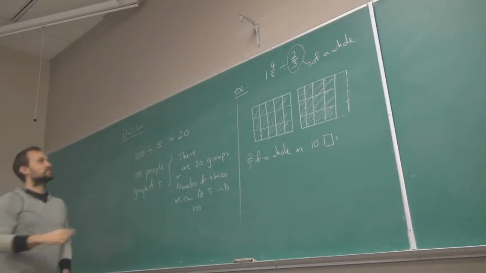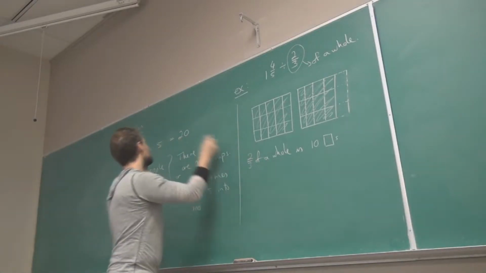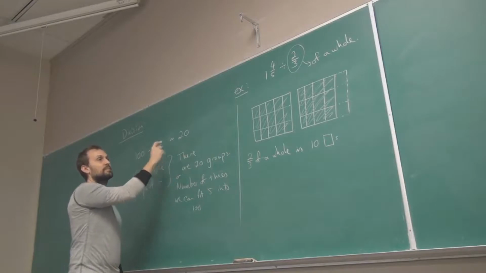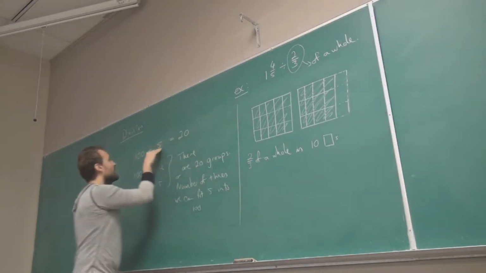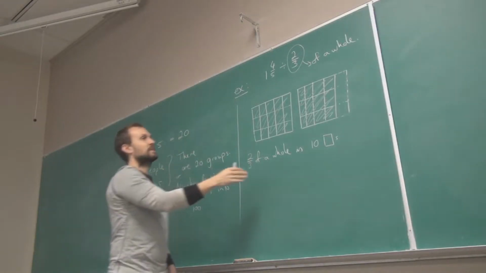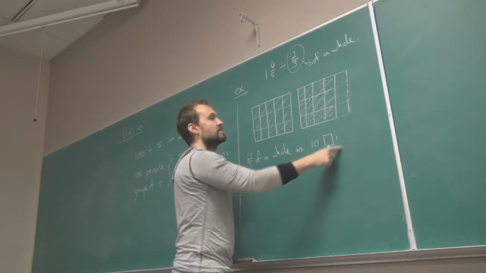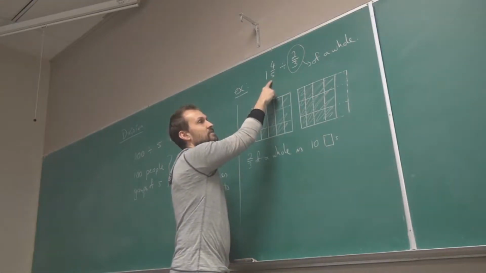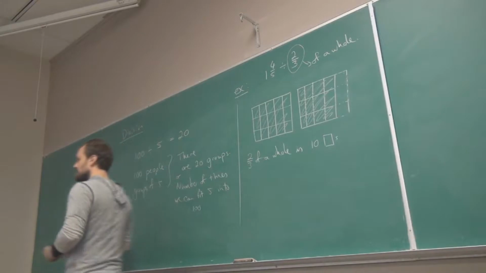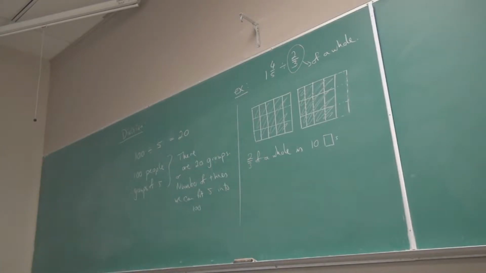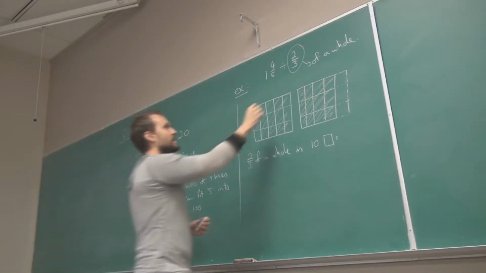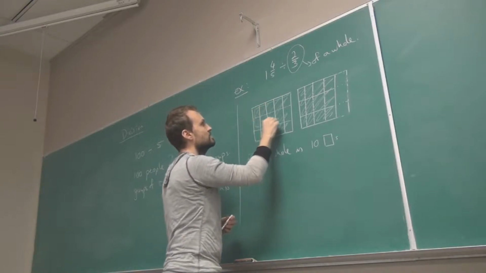Now I'm trying to see, okay, so this is my group size. This is my 5. How many times can I fit 5 into 100? How many times can I fit 10 of these squares into what I have? So let's use a color, blue. I can fit it in once there.